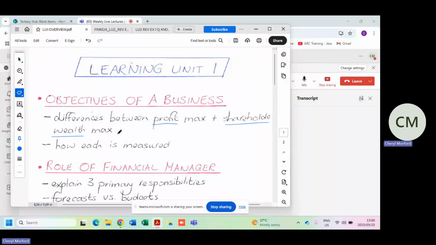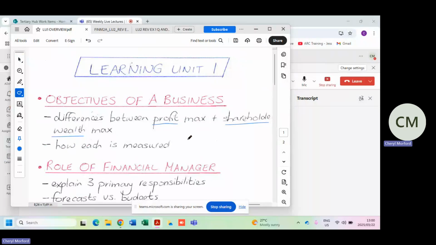Profit maximization is measured using a ratio called earnings per share. It exclusively concentrates only on profit. Shareholder wealth maximization is measured using the current share price and includes all variables that may affect the market's perception of the value of a share.